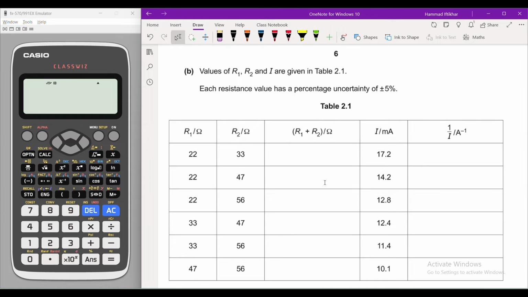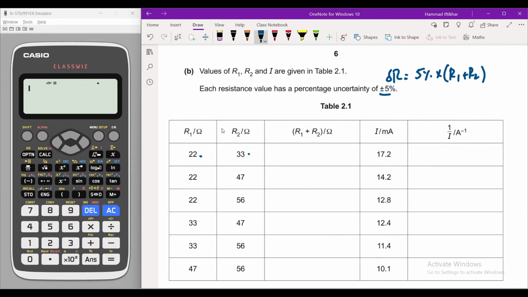Now, whenever we have to add two quantities and their uncertainty is given in percent, the uncertainty in the sum will basically be 5% of the sum, so 5% of R1 plus R2.